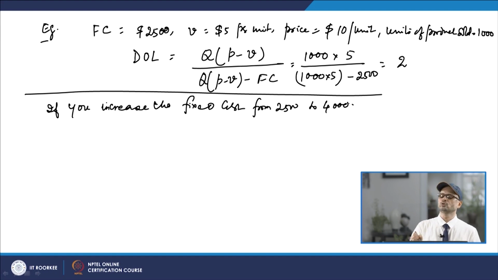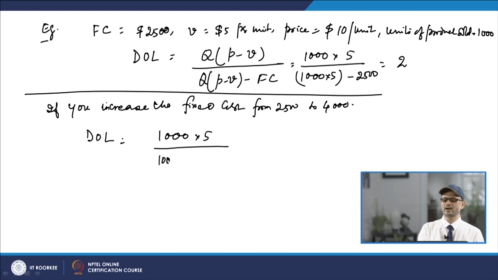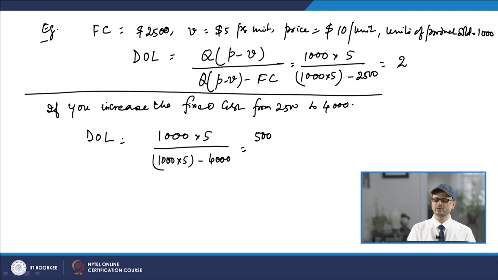What will happen to the degree of operating leverage? In that case the degree of operating leverage will be 1000 into 5 divided by 1000 into 5 minus 4000. So, it will be 5000 by 1000, and that will be 5.